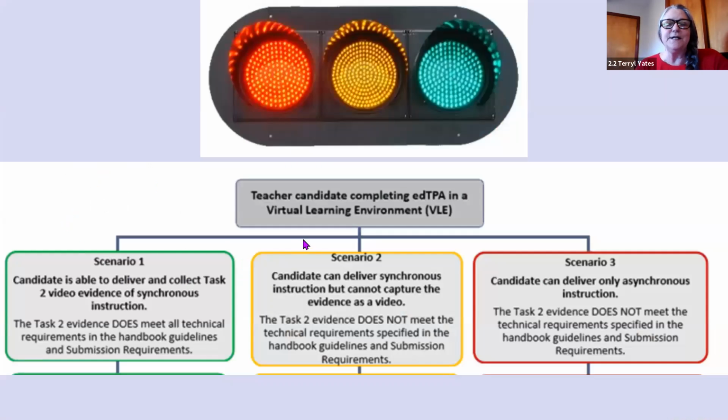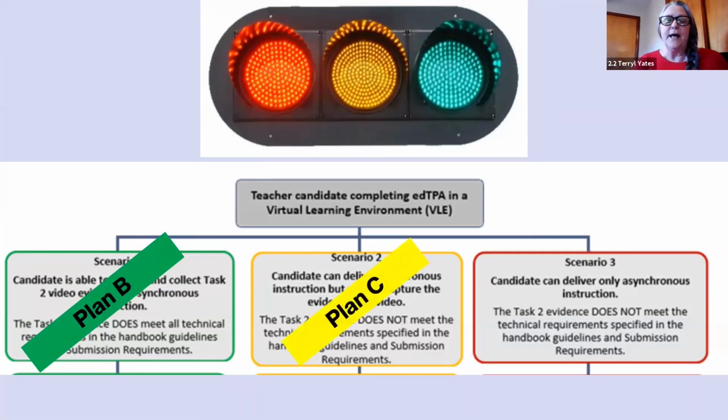Now, there are some scenarios that edTPA has set up for us to look at. One is scenario 1, which is plan B. Remember, plan A is videoing in person. Plan B means that you can record your video with a synchronous online software.